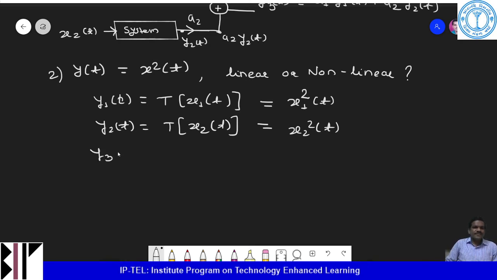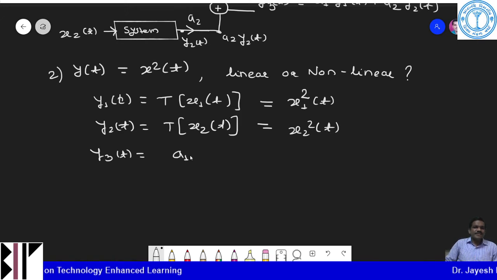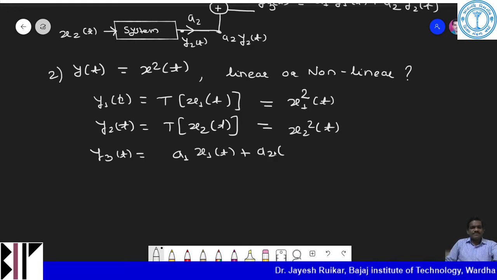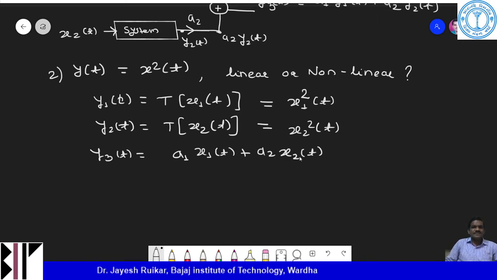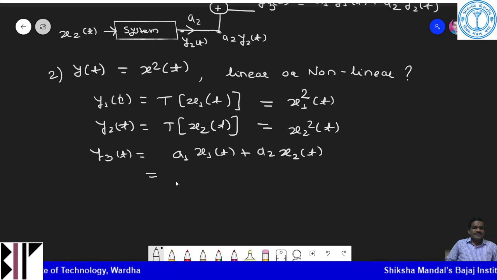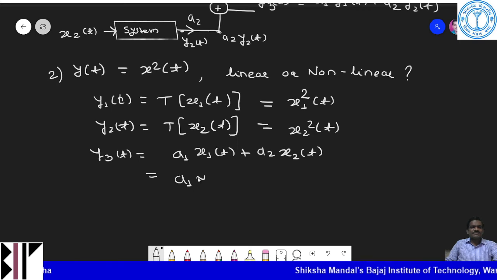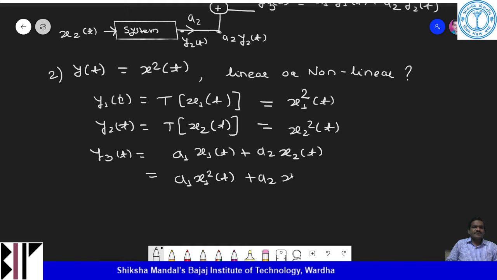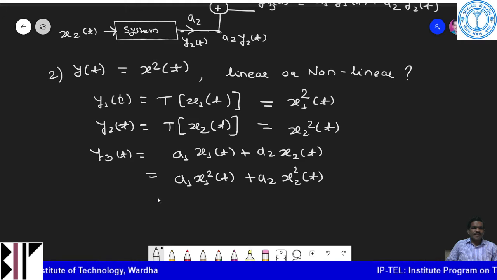Now what is y3 of t? y3 of t is the transformation, or you can say the combination, of a1 x1 of t plus a2 x2 of t. This is the generalized term. So that is nothing but a1 x1 square of t plus a2 x2 square of t. This is one of the responses.